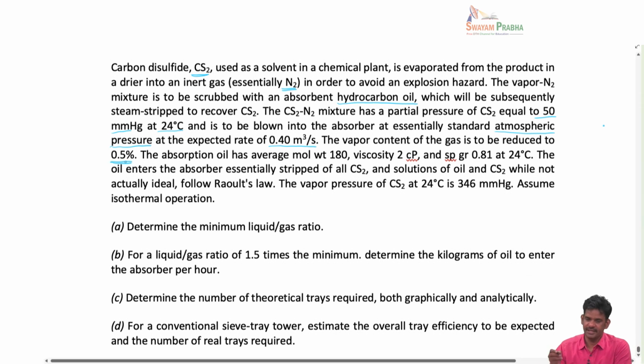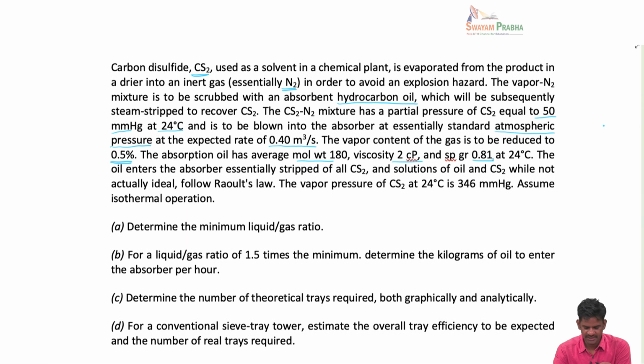So you can see that the inlet composition is given as 50 mmHg. From there we can get the mole fraction, and then the vapor content of the gas is to be reduced to 0.5%. The absorption oil has an average molecular weight, viscosity and specific gravity at 24 degrees Celsius. The oil enters the absorber essentially stripped of all CS2. That means the hydrocarbon oil is pure. It does not have any solute CS2.